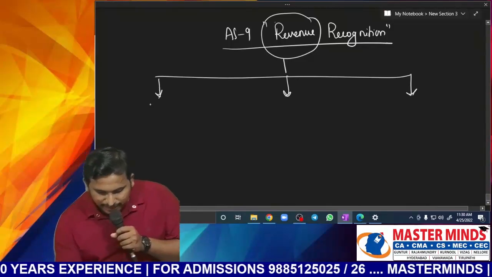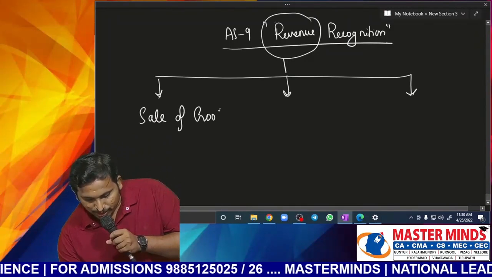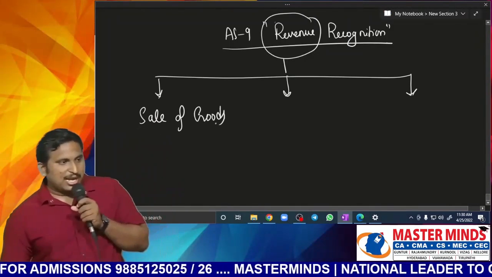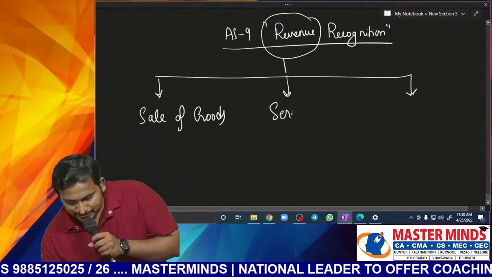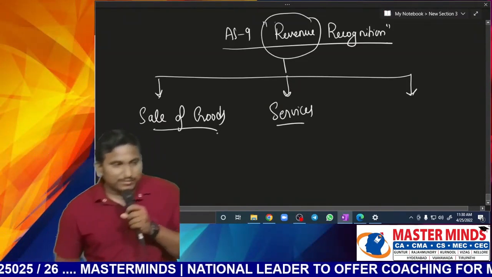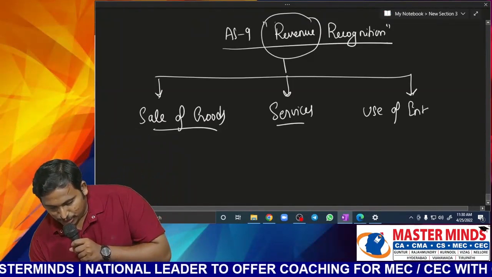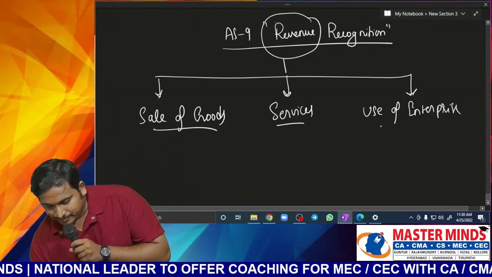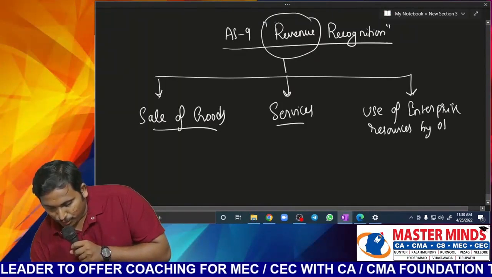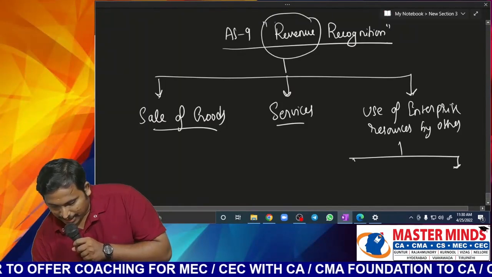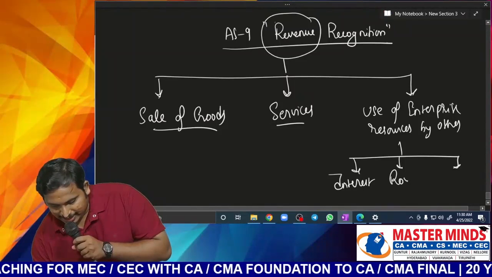Revenue arising from sale of goods, revenue arising from rendering of services, and revenue arising from use of enterprise resources by others, which yields IRD: interest, royalties and dividend.